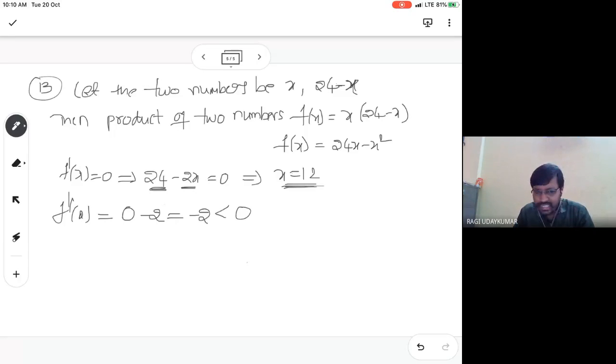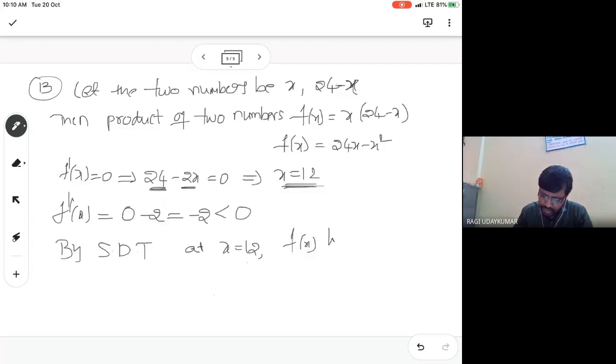So when it is less than 0, by the second derivative test, you can say that f of x has a maximum at x is equal to 12. The question is asking, इसको maximize करना है.